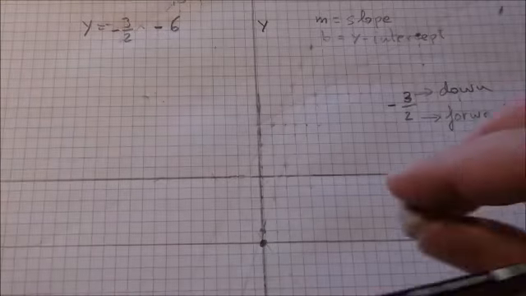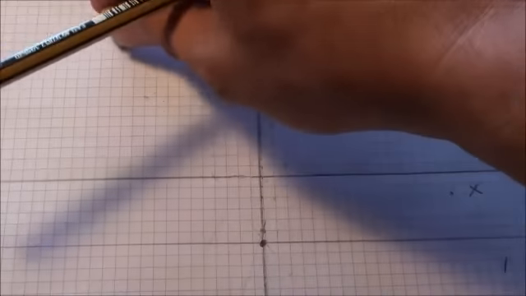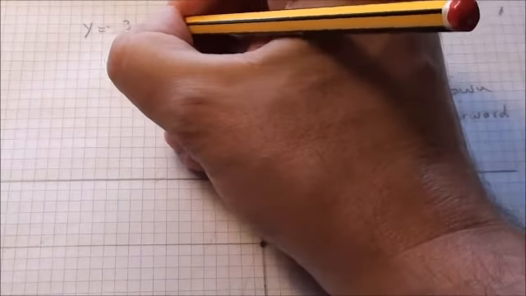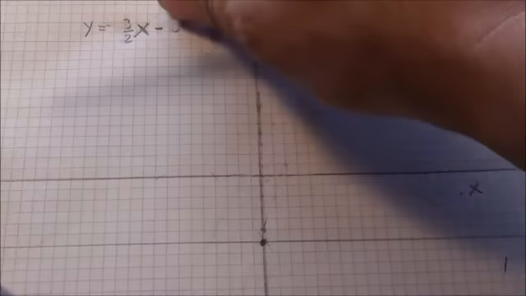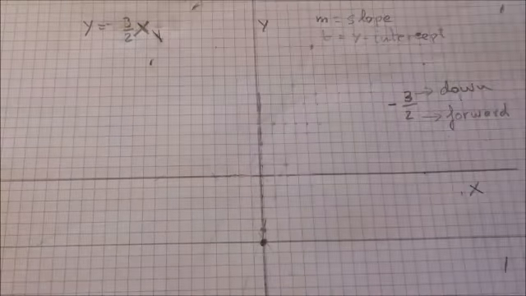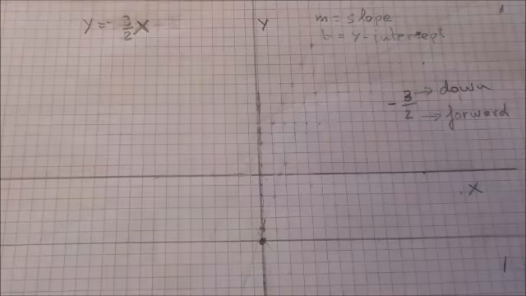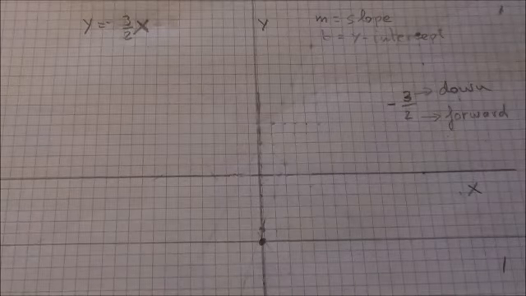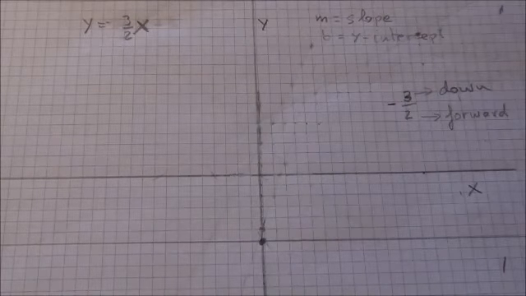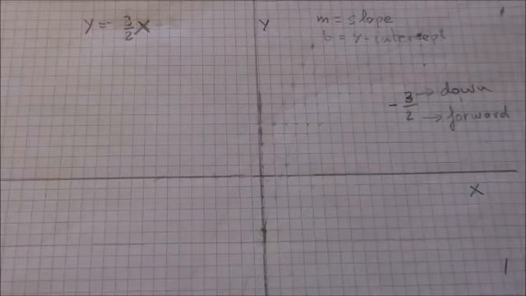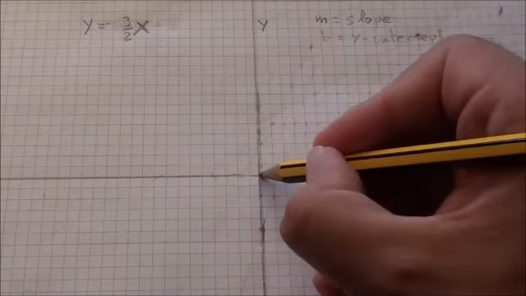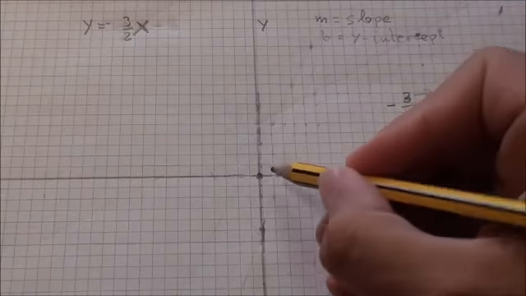And what happens if we keep the slope -3/2, but, well, let's make it positive this time, 3/2 x, but we make 0 the y-intercept. So what is this? y equals 3/2 times x. Well, this time, as the y-intercept is 0, it means that we are going to start at the origin.